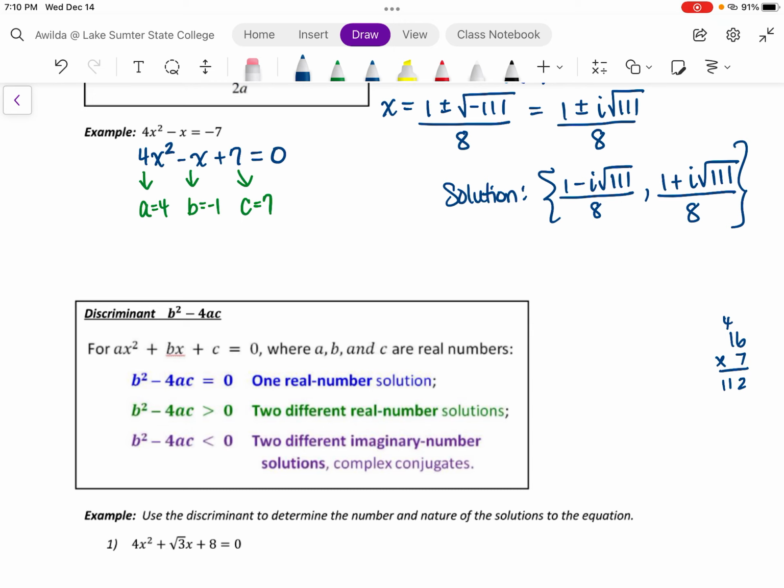When the discriminant is positive, we'll end up with two different real number solutions. And when the discriminant is negative, as it was in this example, we end up with two different imaginary number solutions. And it will always be the case that they will be complex conjugates, as we saw in the example above.